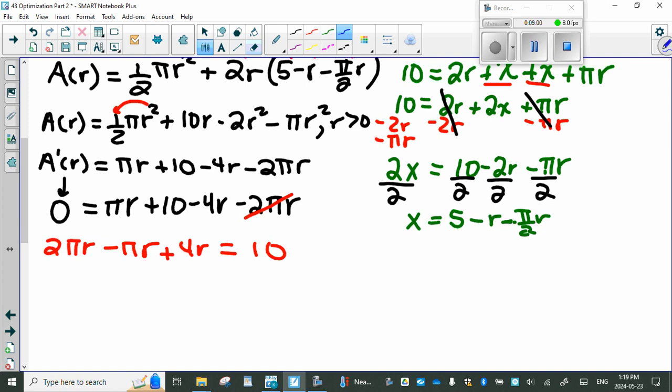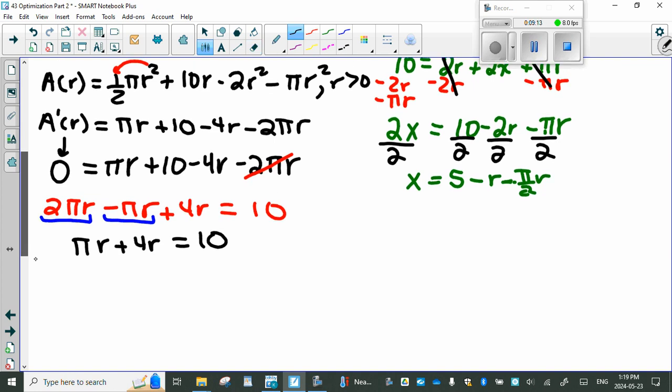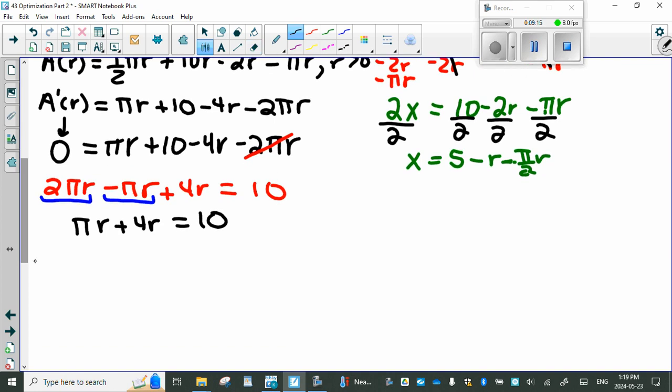And I just noticed, what's 2 pi r subtract 1 pi r? Pi r. And now to get r by itself, I want to common factor the r out of this side, which means I'm dividing each of these terms by r.